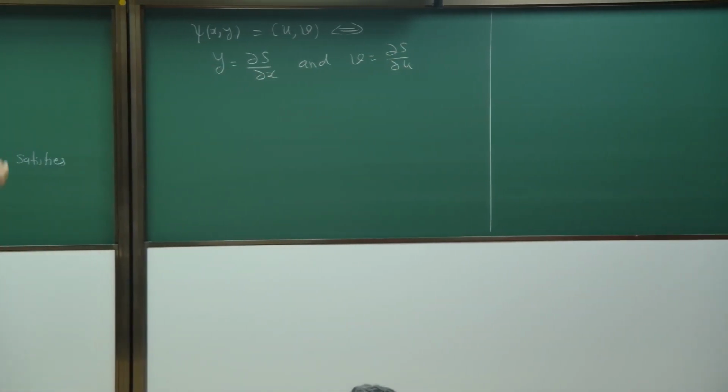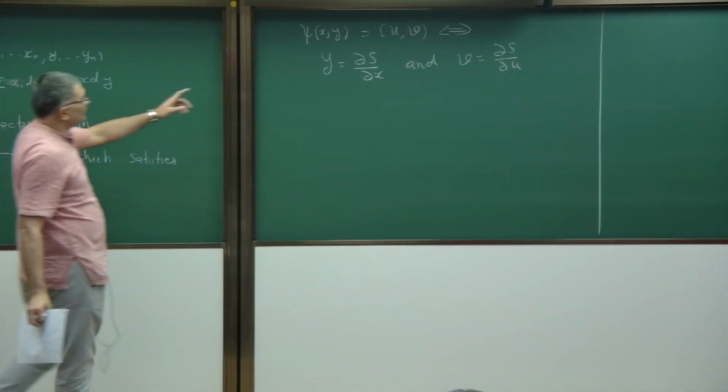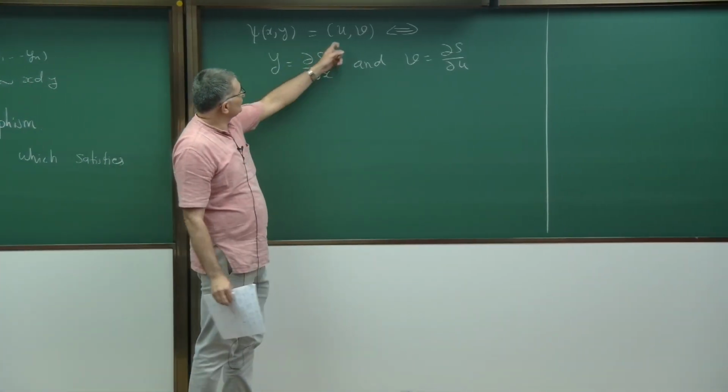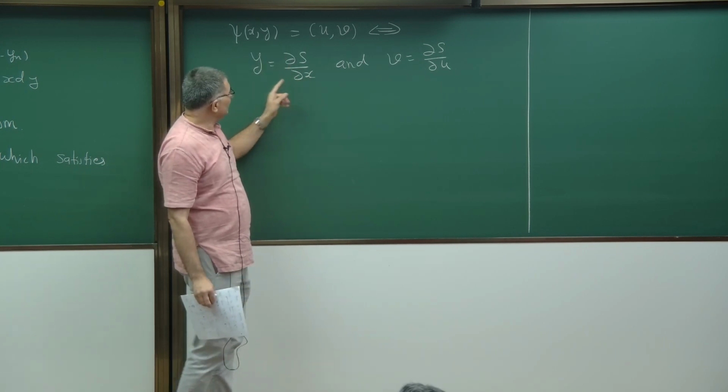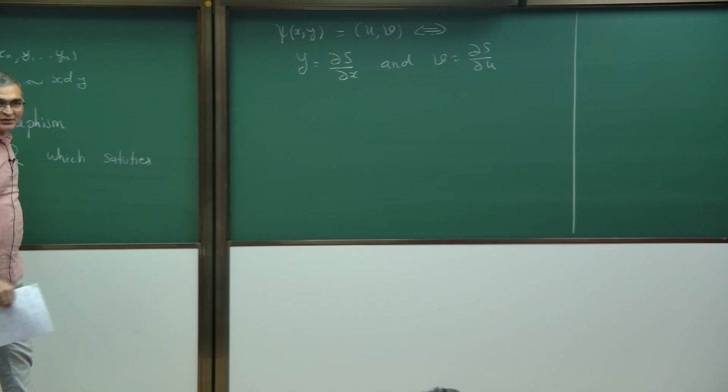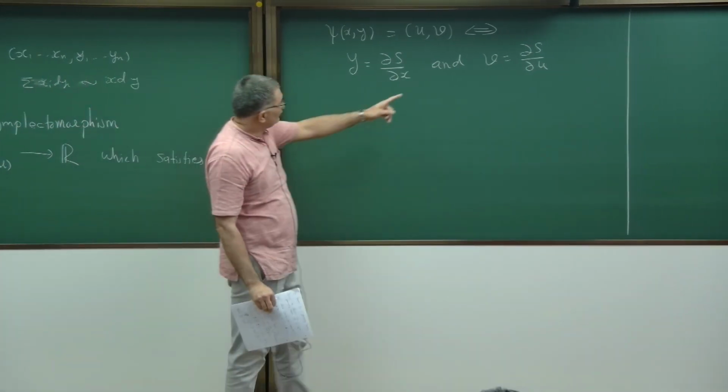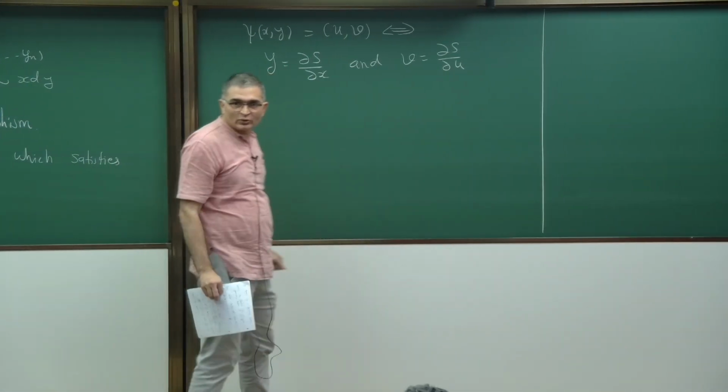Suppose this symplectomorphism has the property that psi of (x, y) equals (u, v) if and only if the y coordinate is the partial derivative of S with respect to x, and v is the partial derivative of S with respect to u.